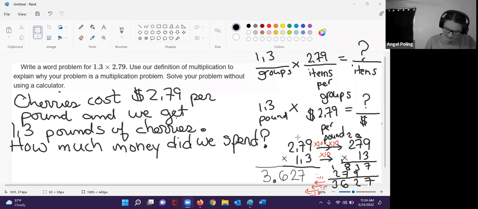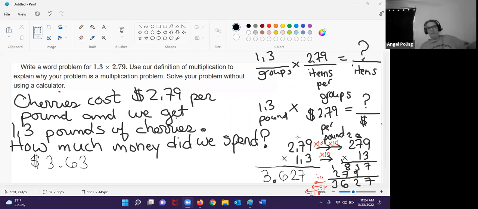So in the end, you round to the cent location. So we spent $3.63 after rounding, but you will still want to show the answer before rounding, especially to prove you did it by hand, right? That type of thing.